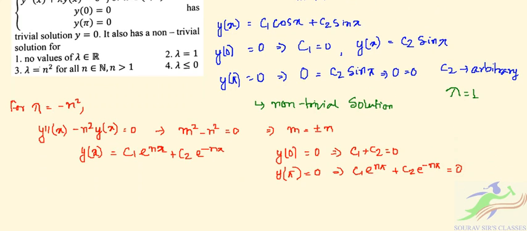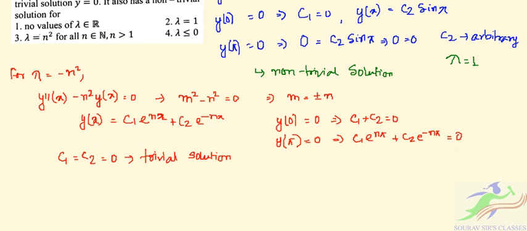From here we get that c1 and c2 are both 0. So it has only the trivial solution, so option 4 is false.